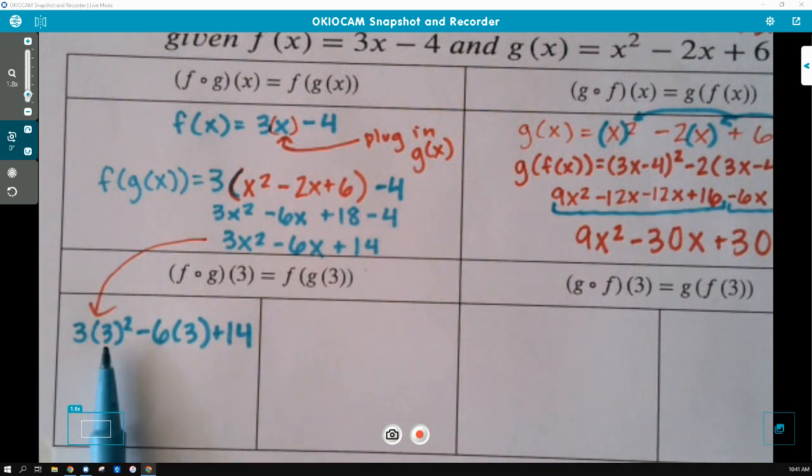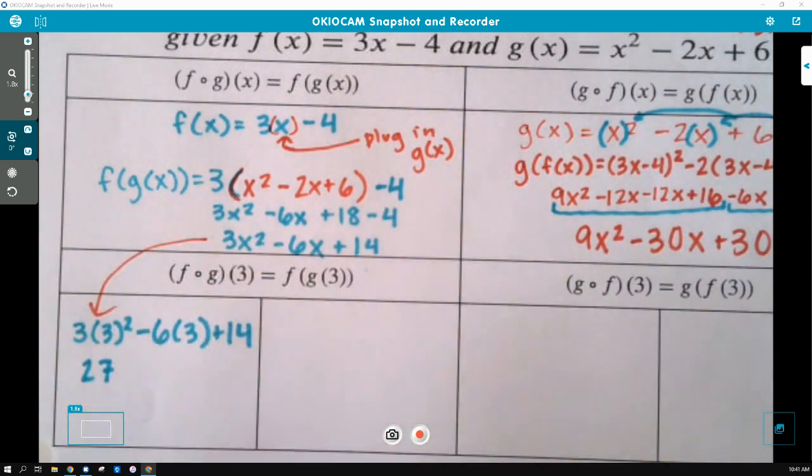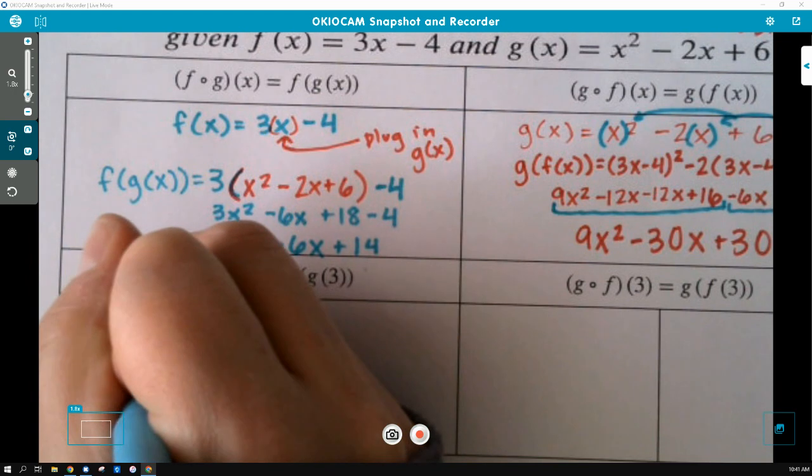For this first term here, we would do 3 squared first, which would be 9. 3 times 9 is 27. Minus 6 times 3, negative 6 times 3 is negative 18.